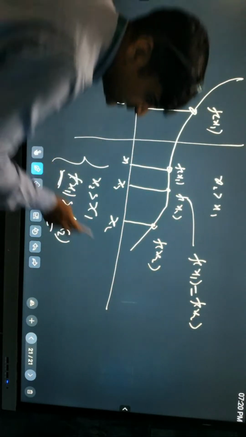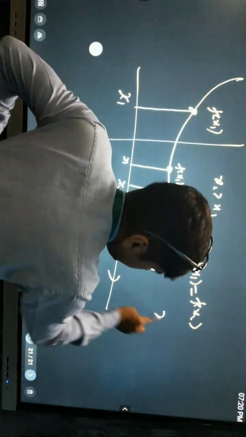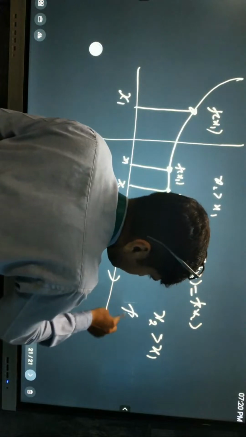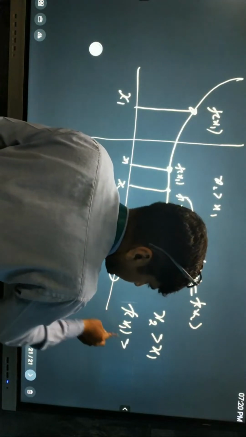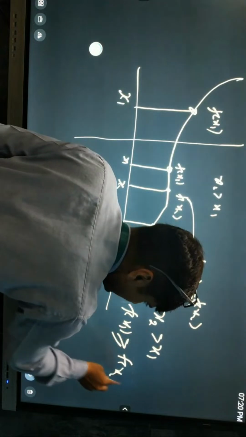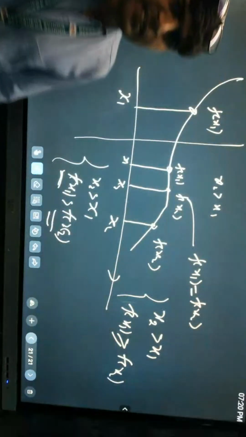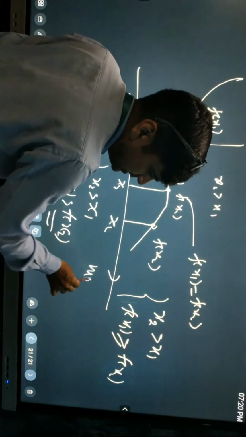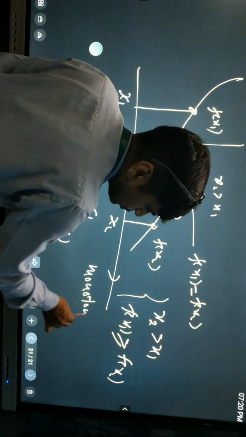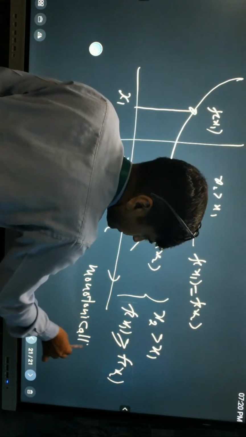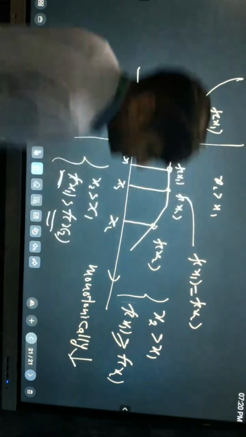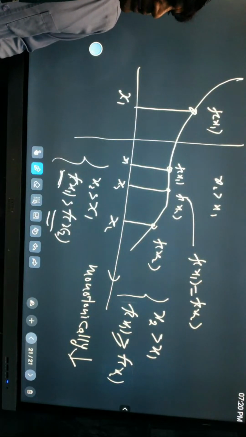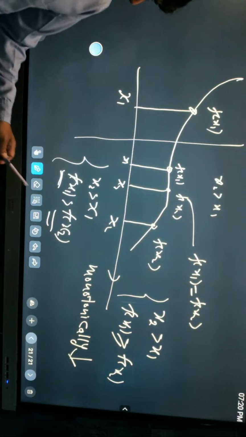After summarizing these two concepts, we have x2 is greater than x1, but functional value at x1 greater than or equal to that at x2. Then we say that this is a monotonically decreasing function बच्चों.